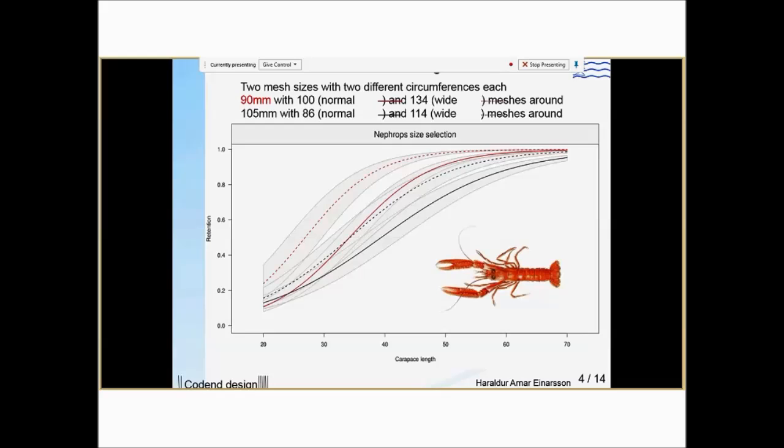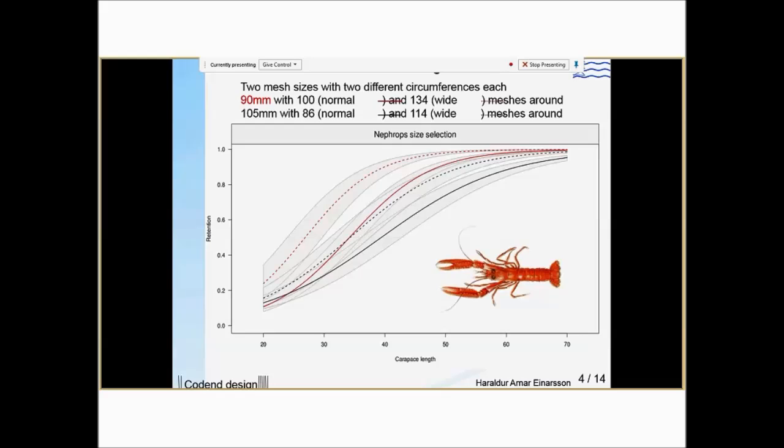That's another story. Then we have another mesh size, 105 millimeter mesh, and the same circumferences. You see it's fewer meshes, but we have the same circumference because they are bigger meshes. And of course, with bigger meshes the selectivity goes up, and we are losing some valuable nephrops.